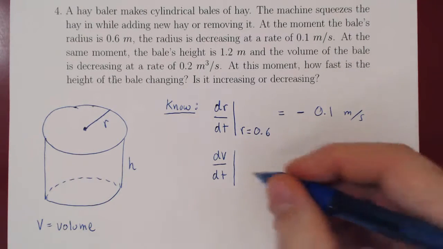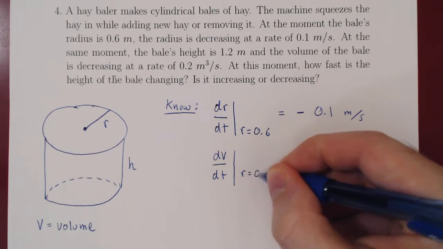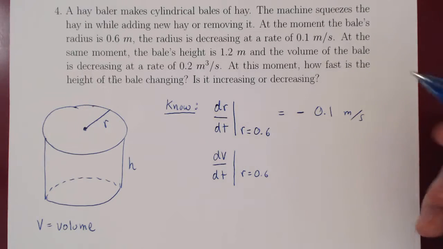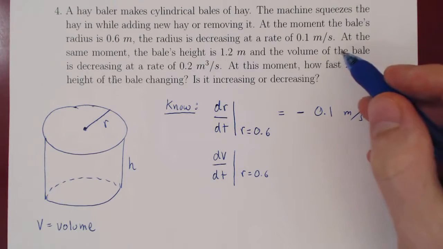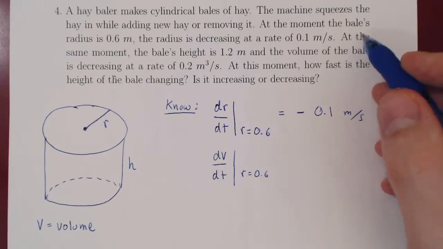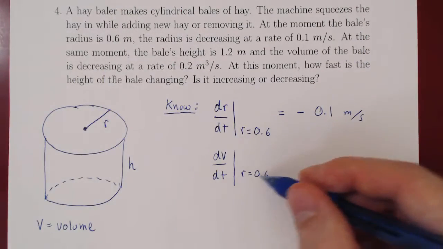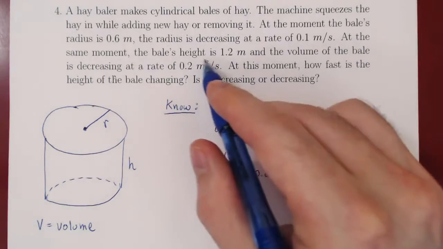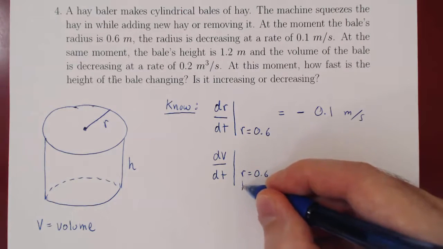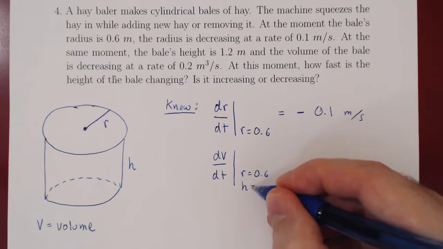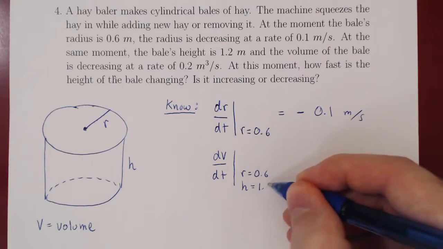And that moment, as we've just said, is when the radius is 0.6. But we were also told an additional piece of information. At the same moment, when the radius is 0.6 meters, the bale's height is 1.2 meters. So when r is 0.6, the height is 1.2.